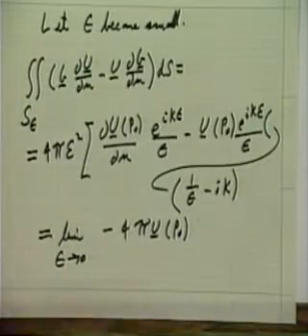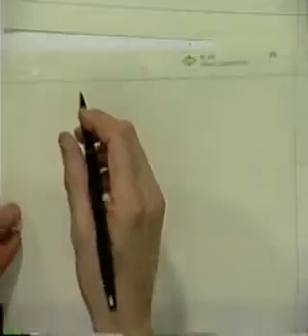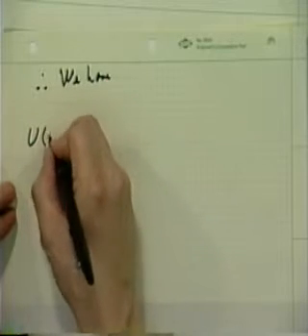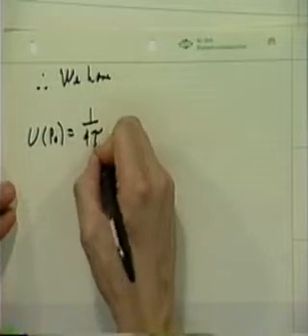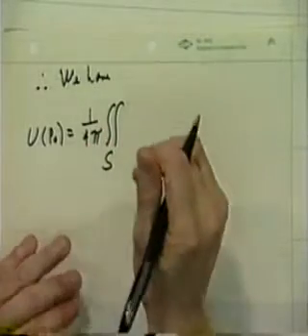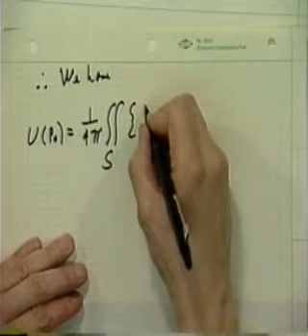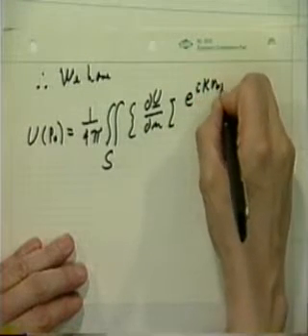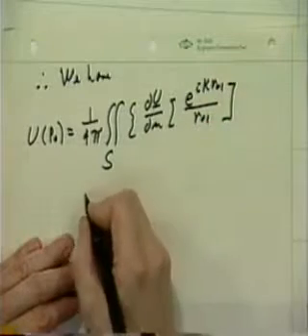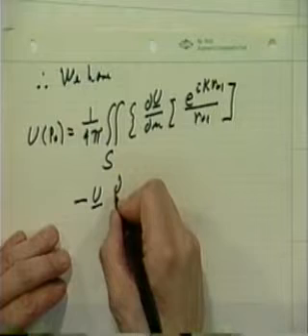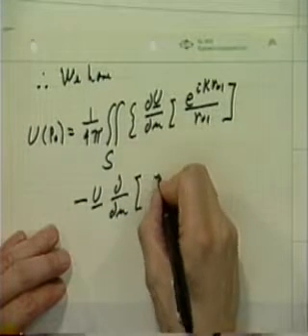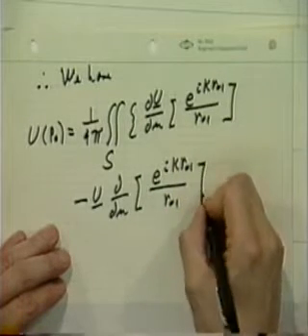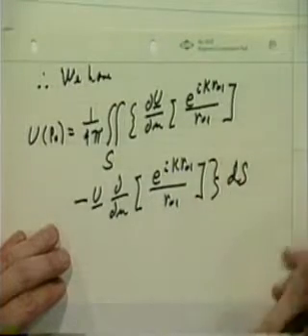Therefore, after all this pain and suffering, we have that u of P naught is 1 over 4 pi, integral over S of the partial of u with respect to n times e to the i k r01 over r01, minus u times the partial with respect to n of e to the i k r01 over r01, dS.